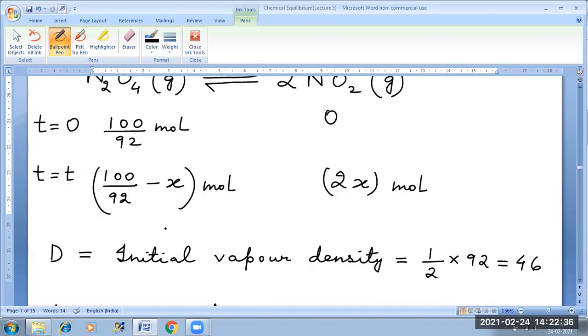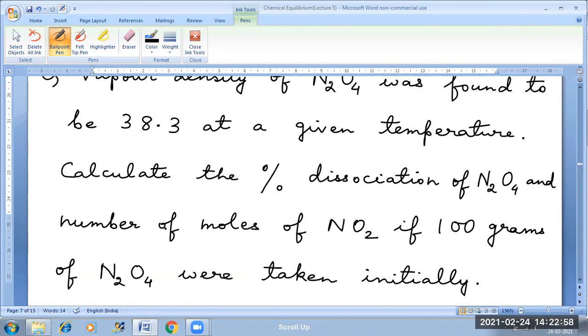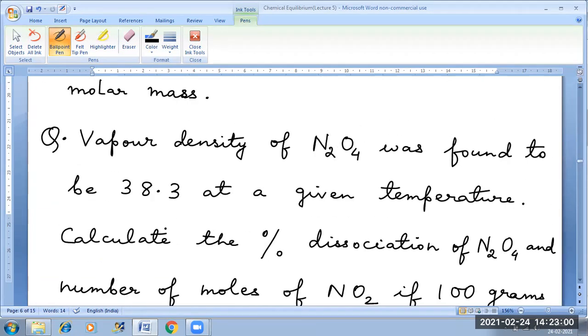So 46 is the initial value of vapor density. What is the final value of vapor density that is given in the question? 38.3.